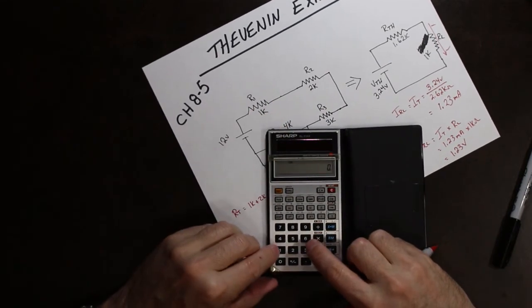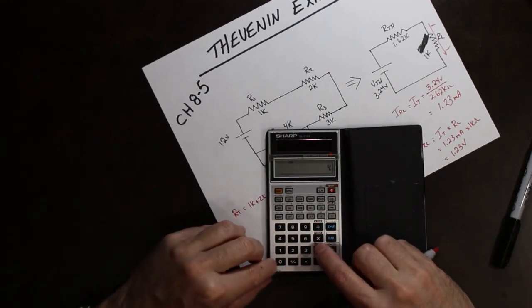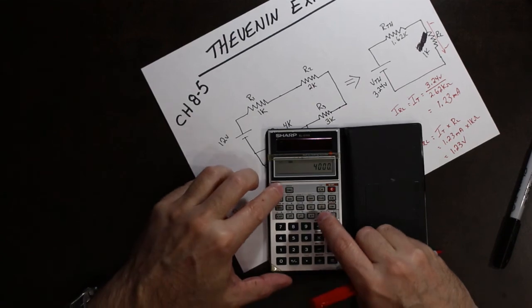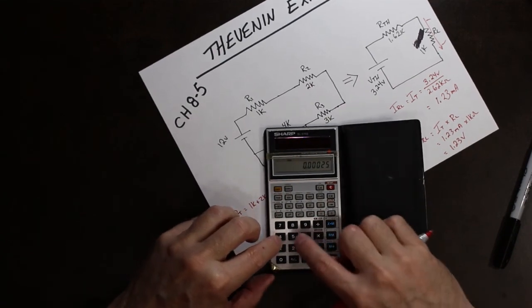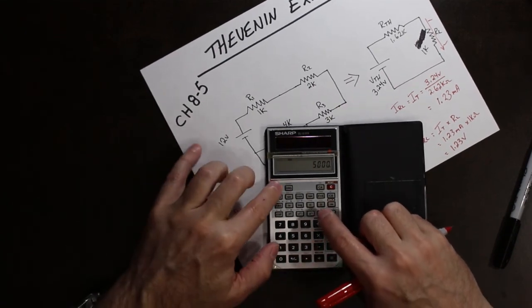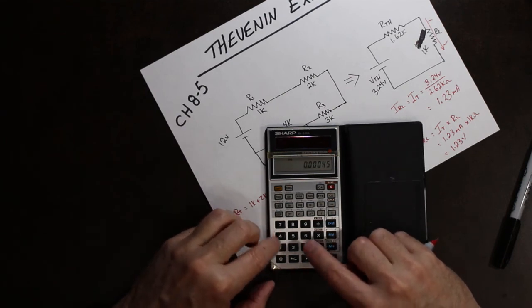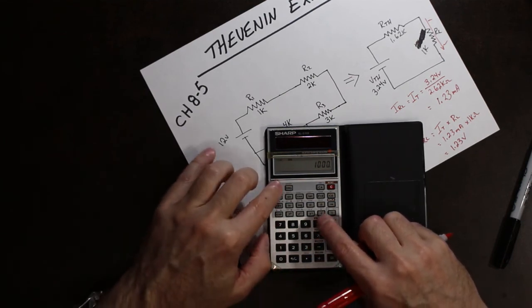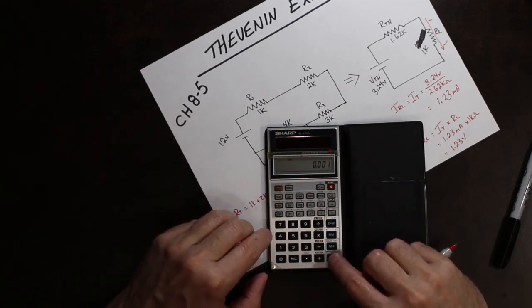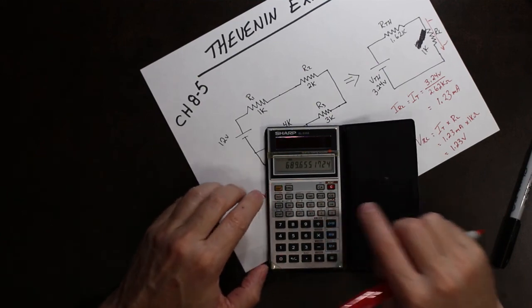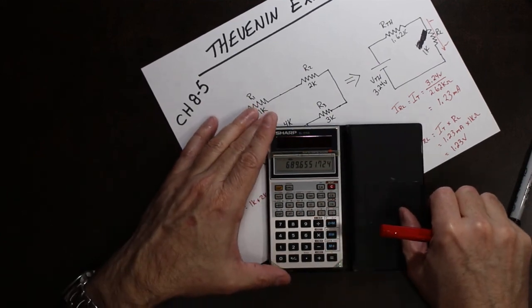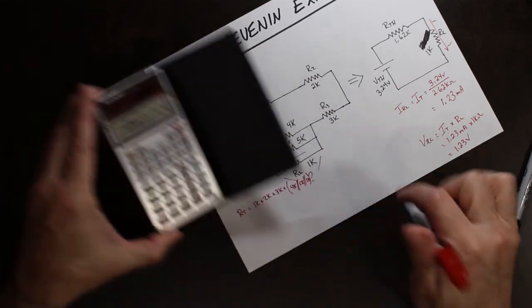We'll figure that out. So 4,000 plus 5,000 plus 1,000 equals, so 690 ohms.